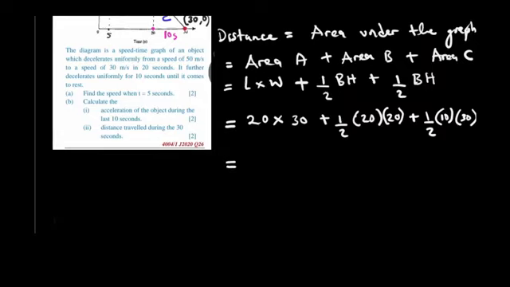This then is equal to, let us say 20 times 30, it's 600, plus, then half of 20 is 10, so 10 times 20, which is 200, plus, then the half of 30 is 15, and 15 times 10, that's 150.